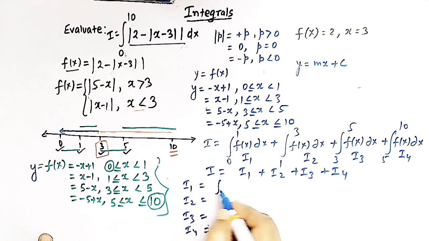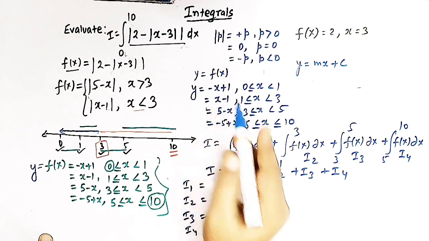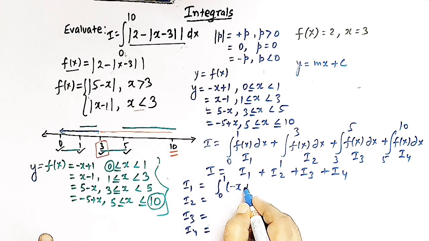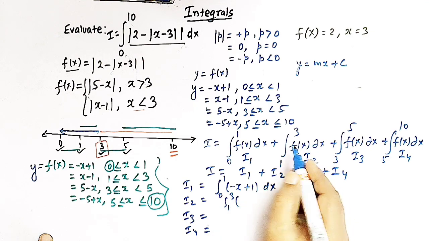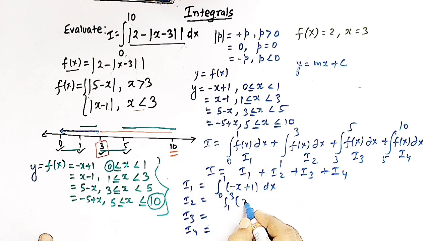So I1 is from 0 to 1, and f of x is defined as minus x plus 1 dx. I2 is from 1 to 3, and f of x is defined as x minus 1 dx.